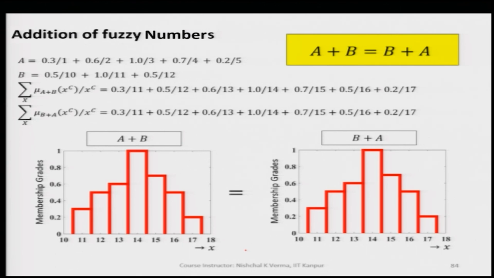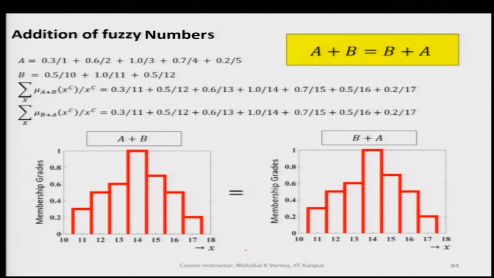So, we can say fuzzy addition is commutative. This means A plus B is equal to B plus A for fuzzy numbers.